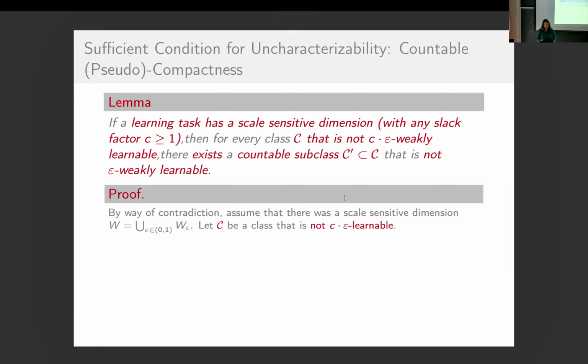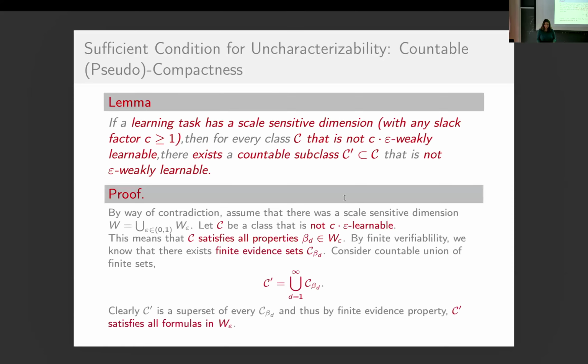So we start with a class that is not C times epsilon learnable. We know that it has to satisfy all the properties in the set W epsilon. And now from the finite verifiability, we can take all the finite subsets and take the union.